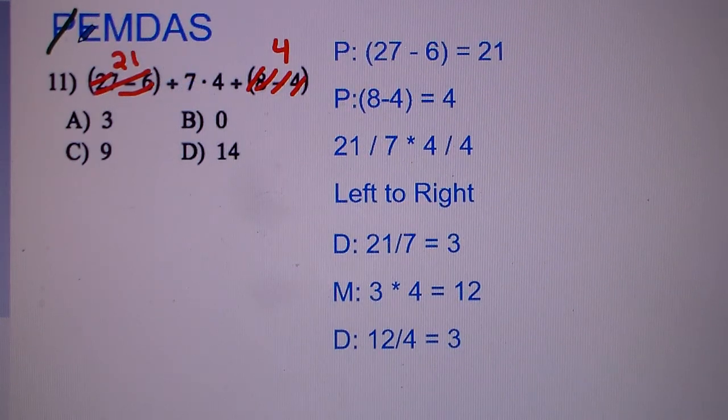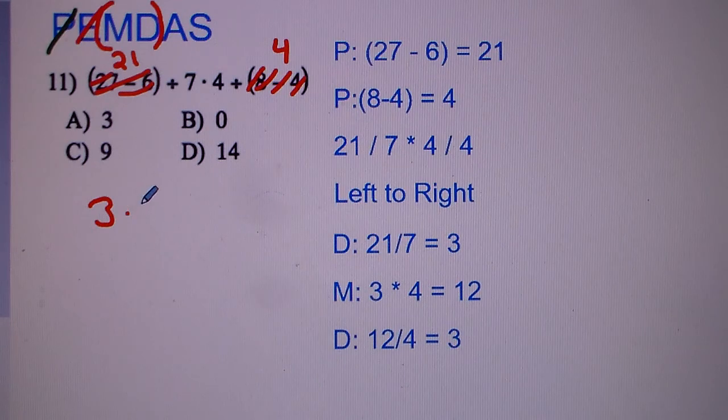21 divided by 7. Well, you got multiplication and division. Since division happens before the multiplication, we have to do 21 divided by 7 first, before the 7 times 4, because we have to go left to right, because multiplication and division, they're interchangeable also. So 21 divided by 7 gets you 3.